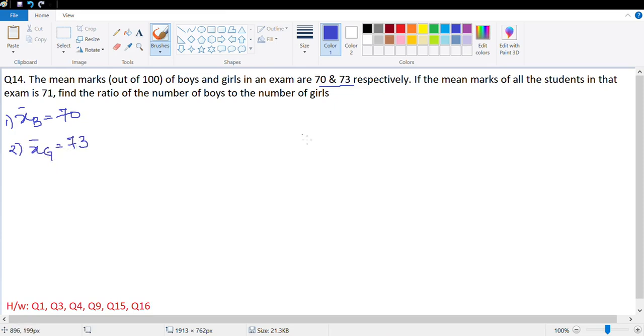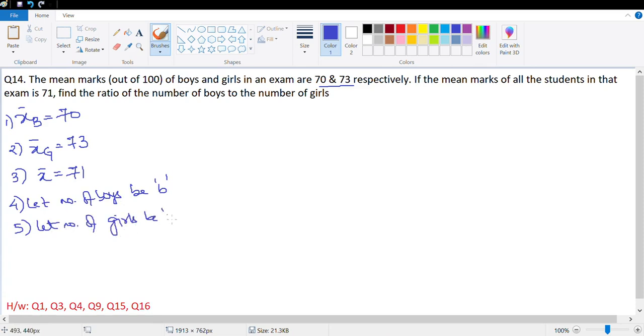If the mean marks of all the students in that exam is 71, so the total mean is equal to 71. Find the ratio of the number of boys to the number of girls. Let the number of boys be B. Next, let the number of girls be equal to G.